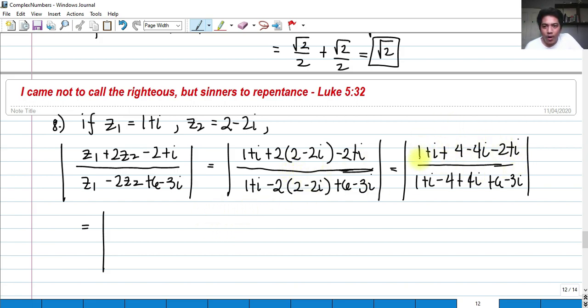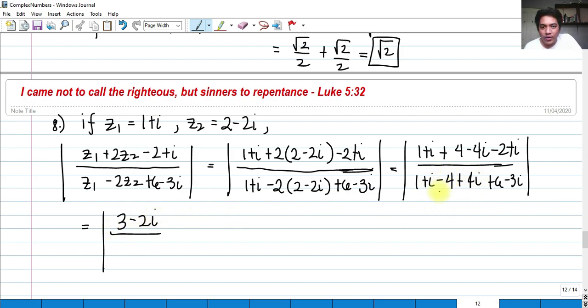So upon simplifying, we have 1 plus 4, that's 5 minus 2. This becomes 3. We have i minus 4i, that's negative 3i, plus i, that's negative 2i. So these i's are not canceled, they are added, as 2i. 2i minus 4i, that's 3 minus 2i. That's correct.